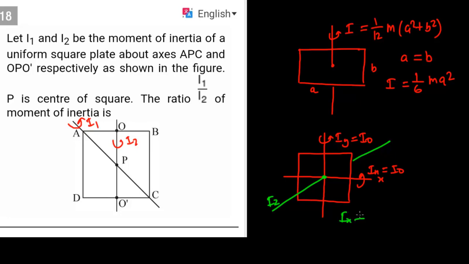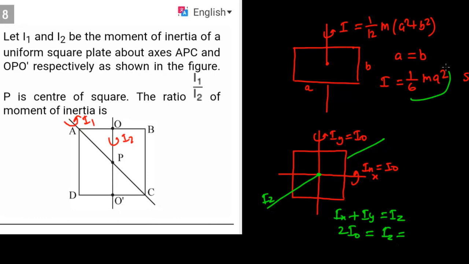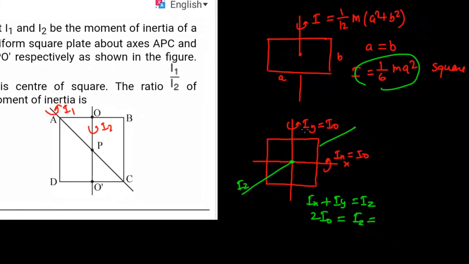So Ix plus Iy equals Iz. So 2 I naught equals Iz, which we know, this is just the perpendicular, equal to 1 by 6 m a square. So I naught equals 1 by 12 m a square. I mean 1 by 12 m a square is the moment of inertia of this square plate about any axis which divides it into two equal parts.